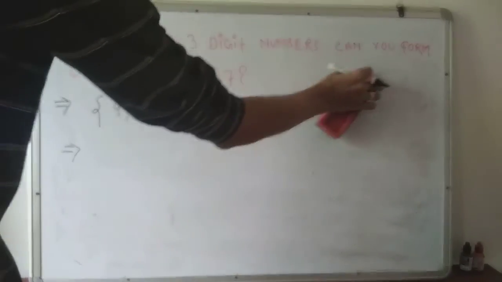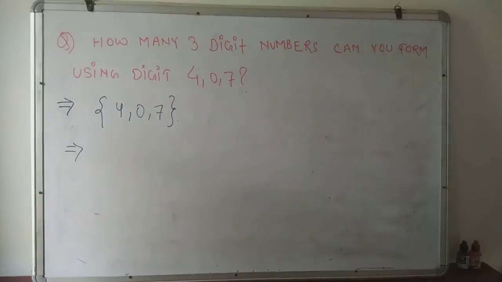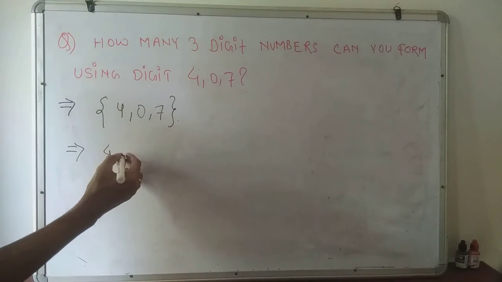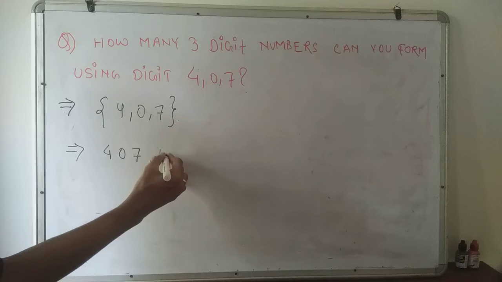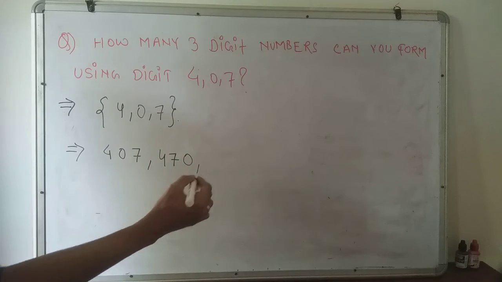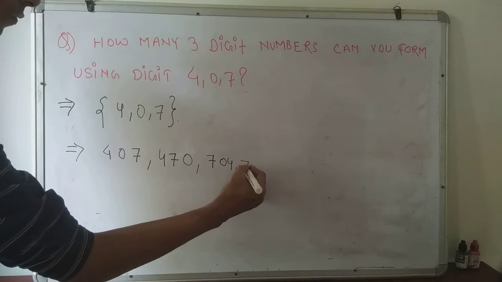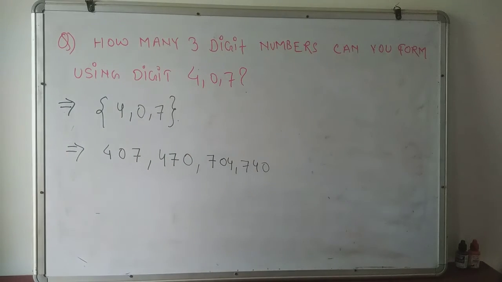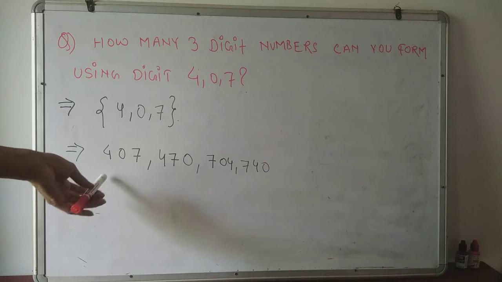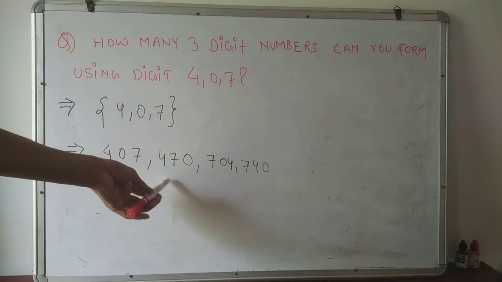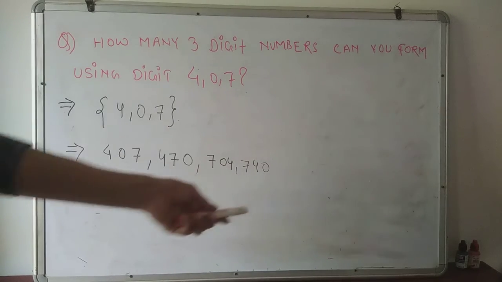So we use 4, 0, 7. Then again 4, 7, 0. Then we make 7, 0, 4 and 7, 4, 0. So how many 3-digit numbers can we form? Only 4. And what are those numbers? 407, 470, 704 and 740.